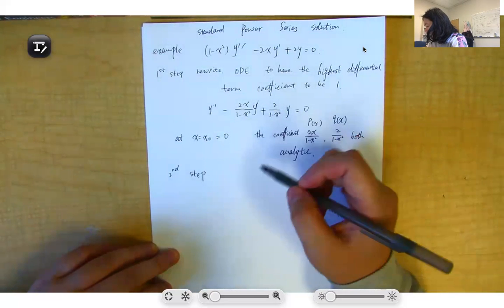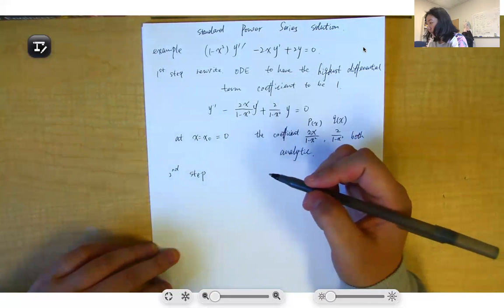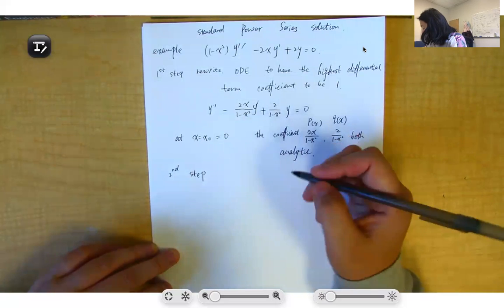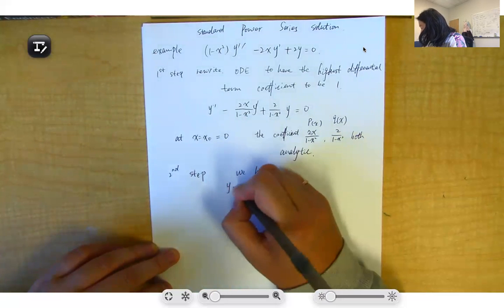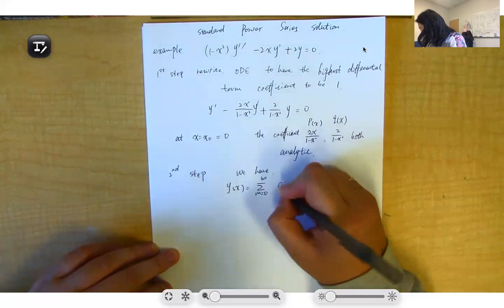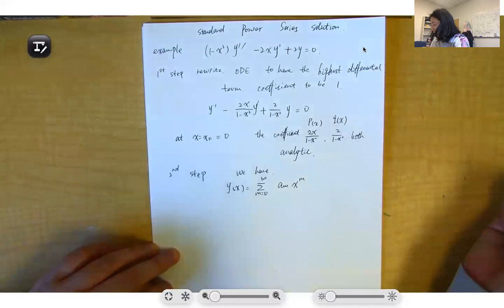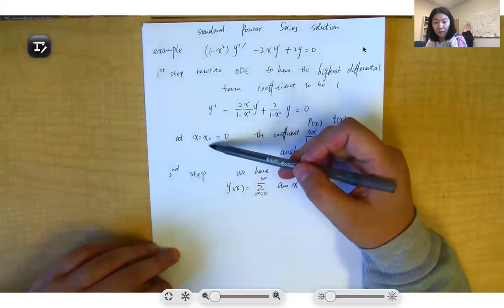There we want to write our standard power series format, then write the y prime, y double prime. So we have the standard format y(x) equals to the sum from m equals to 0 to infinity a_m x to the m's power. This is the standard format with the x naught equals to 0.